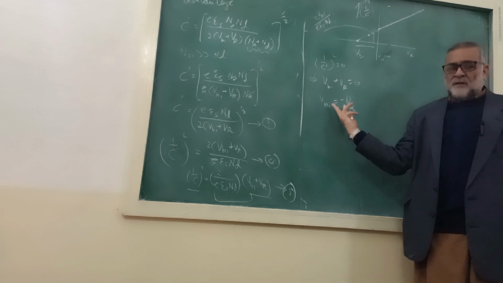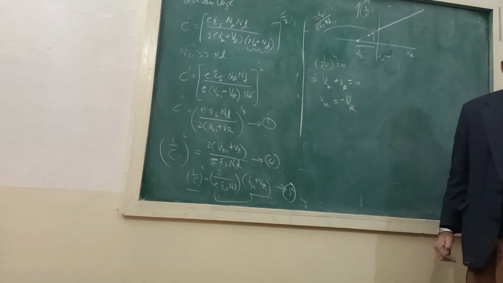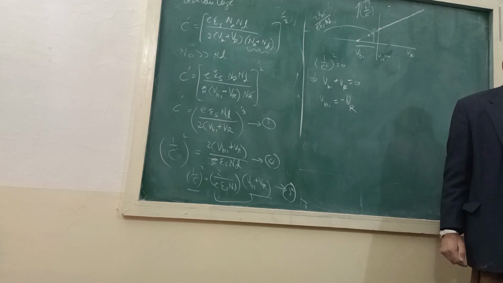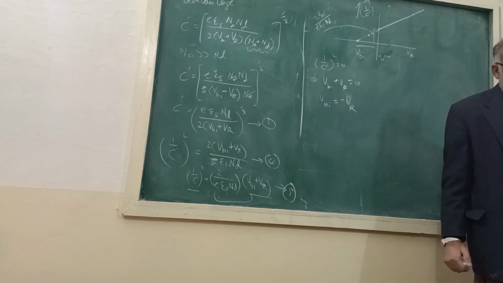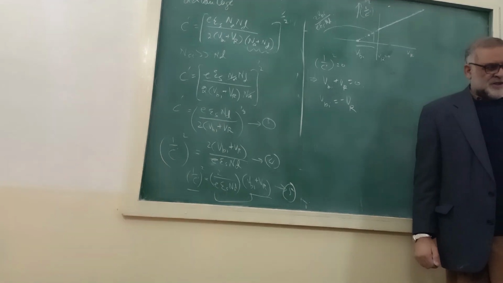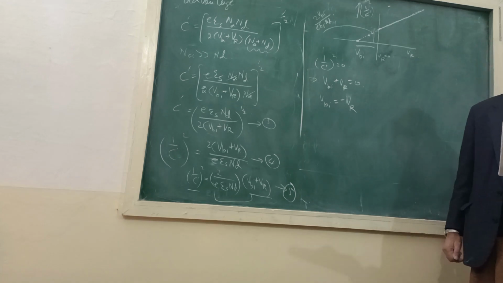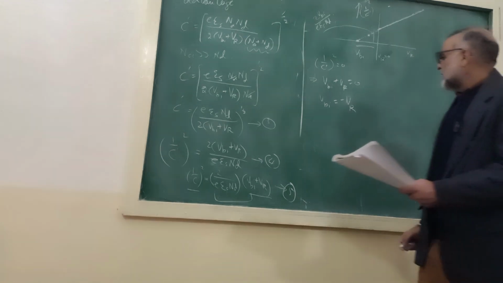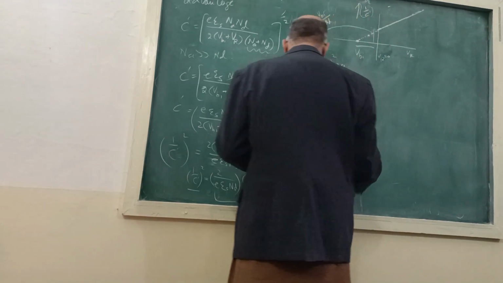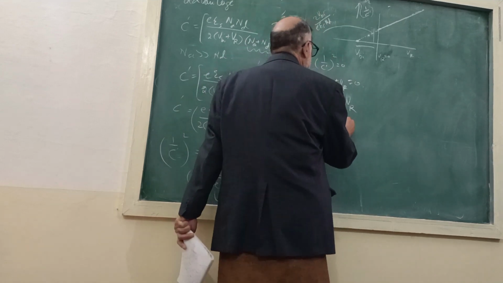So the benefit of this capacitance measurement is that you can also find the built-in potential of a p-n junction. That is the x-intercept of the line.